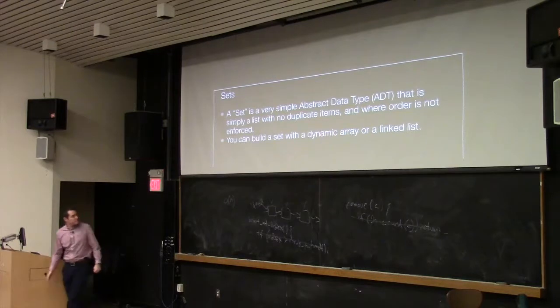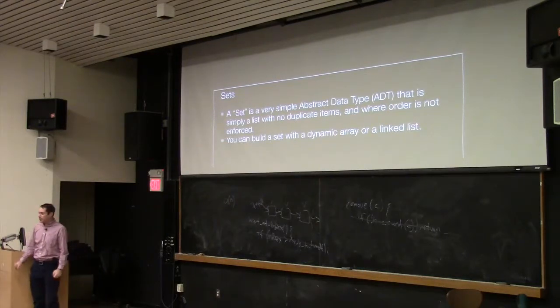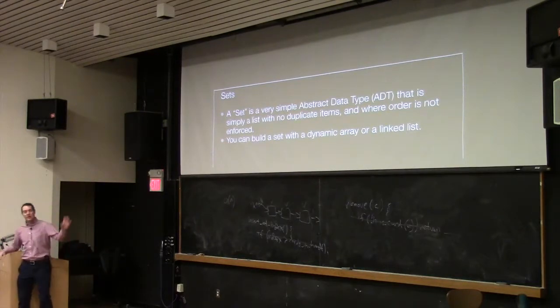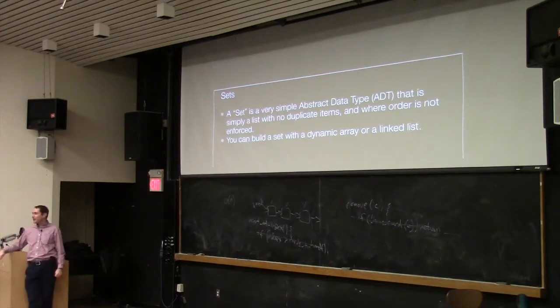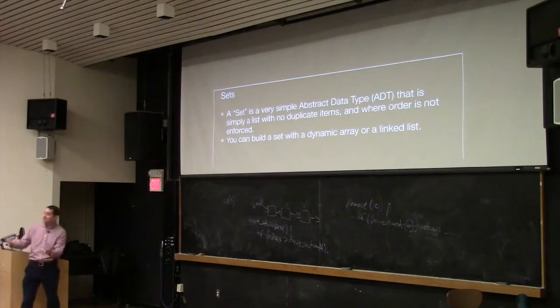Speaking of sets, we'll talk about a set. OK, we're going to breeze through this one because it's not that hard to understand, and I won't make you actually build sets. But sets are an abstract data type. And again, what an abstract data type is, it's basically the interface for a particular type of data type.